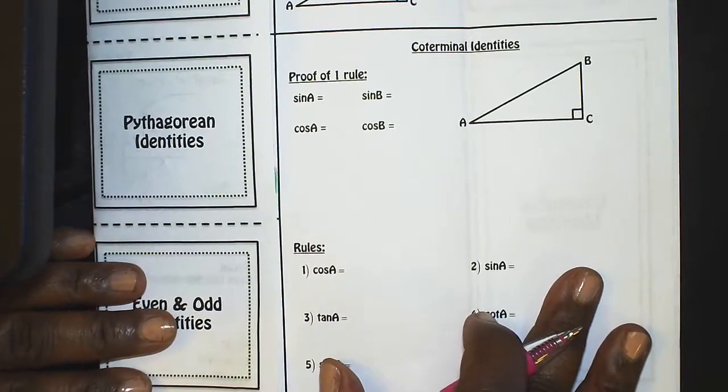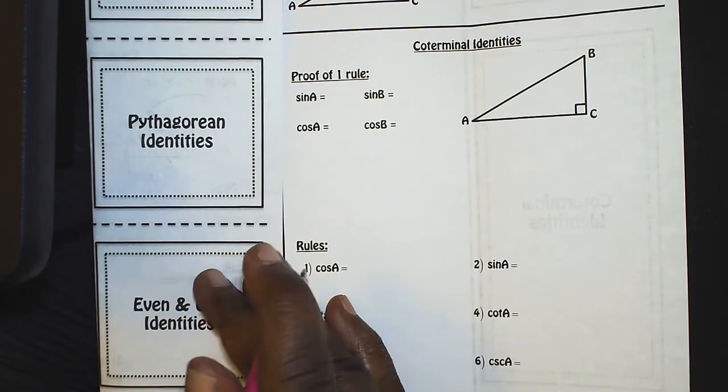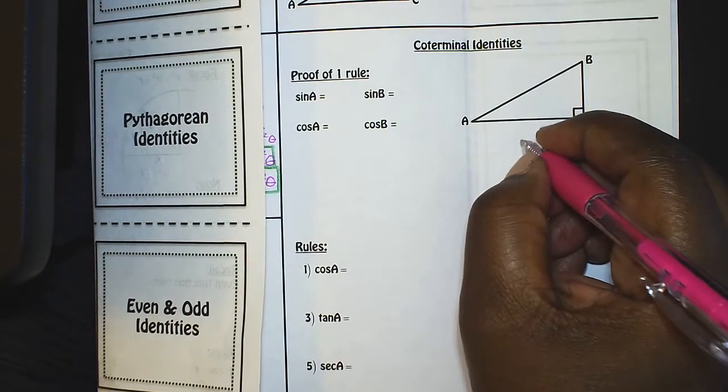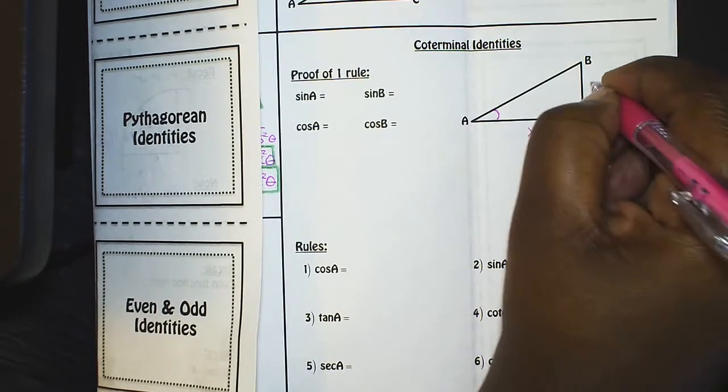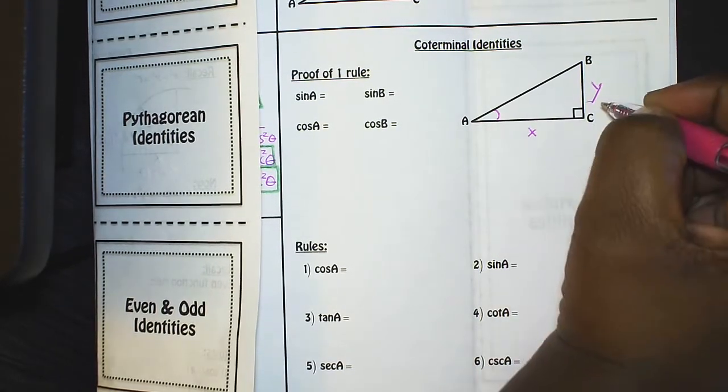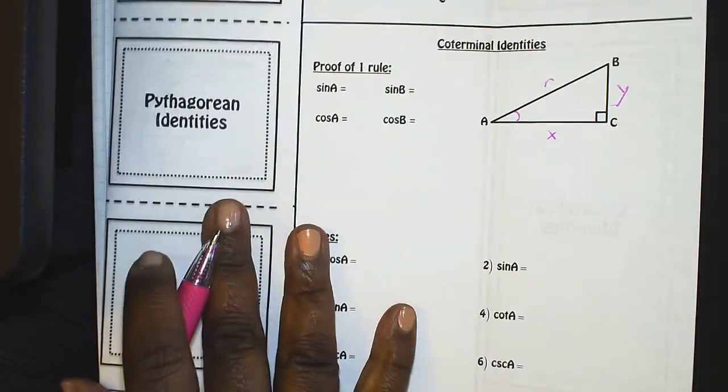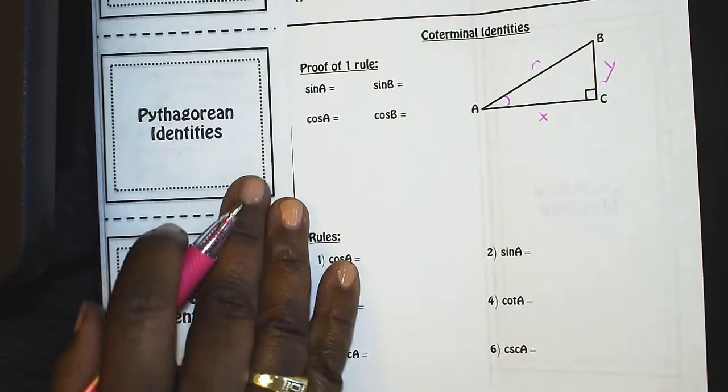Now let's talk about our coterminal identities. If this is my A here, and this is X, and this is Y, and this is R, this is simply doing what you did in a lesson this week.